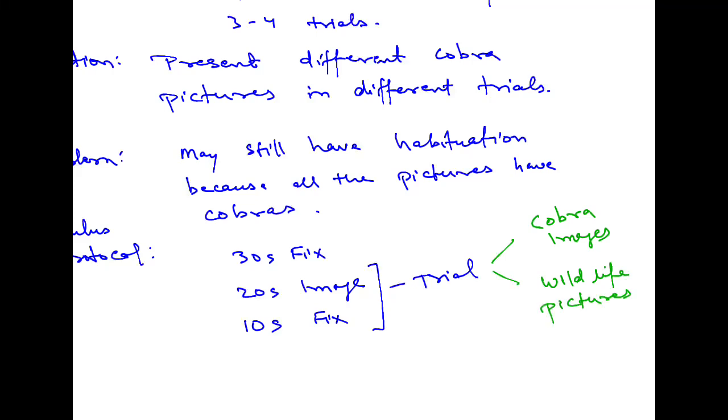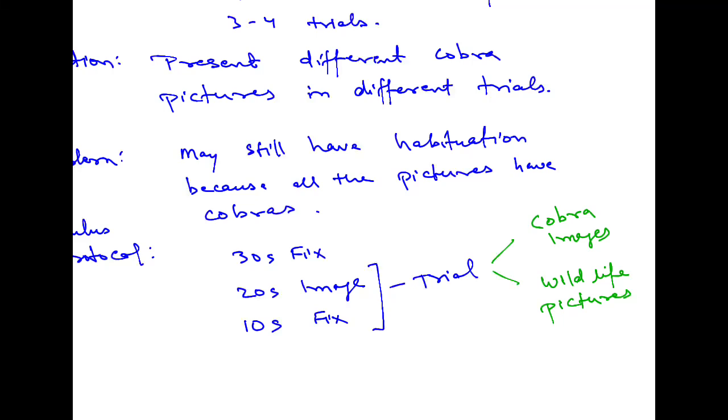So there are two types of trials. So you show either a cobra image or a wildlife picture. And then you do a fixation, then again show the image, then again the fixation and so on. Now what do you do? You alternate, you repeat one after the other.